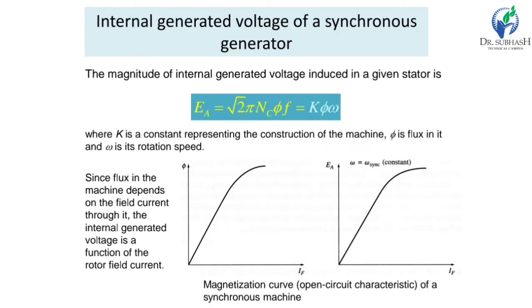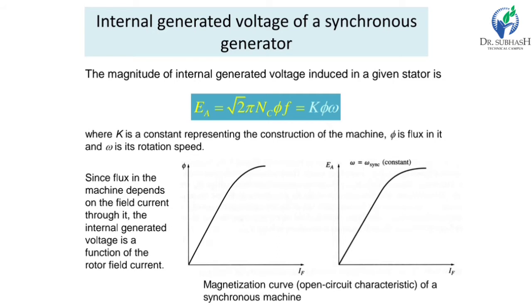In the internal generated voltage of the synchronous generator, the magnitude of the voltage induced in a given phase was found: E_A is equal to root 2 pi N C phi into f. This is known as the main equation.